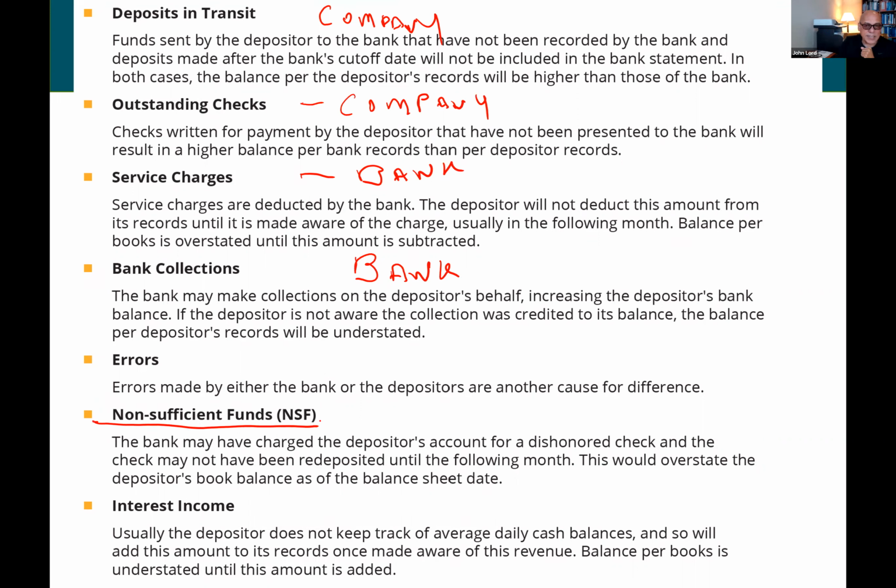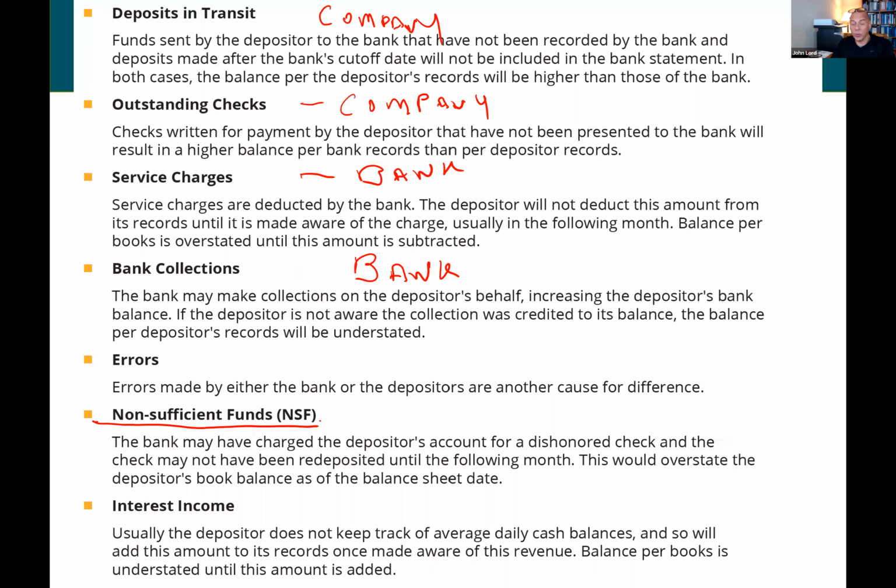Non-sufficient funds, NSF. What happens? This is when you receive a check from somebody, your customer, and you go to deposit that check on December 31st. Meanwhile, you find out in January of the next year that the client did not have the funds to cover that check. The check bounced, but the bank doesn't tell you about that until the next year.